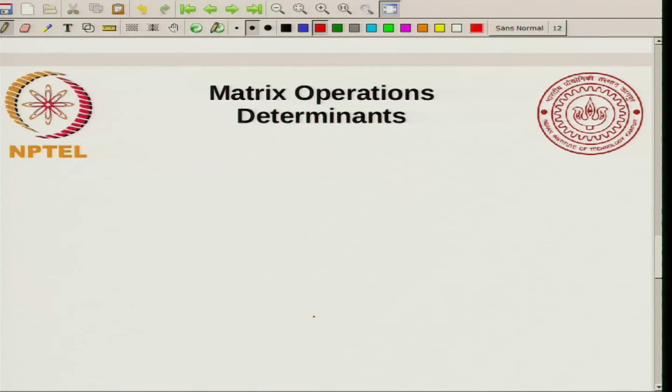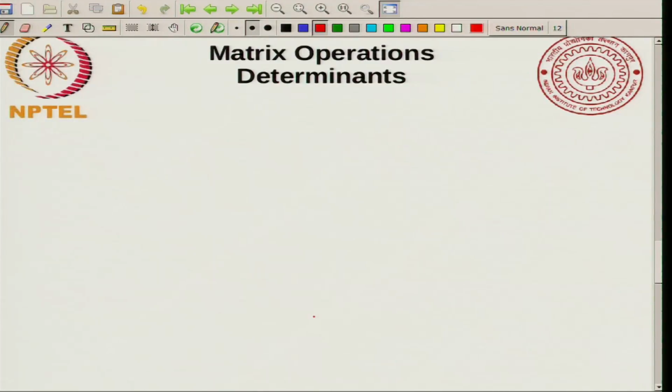There are some other useful operations or objects that are defined in relation to a matrix, and this is the determinant. Determinants are only defined for square matrices. So, if you have a matrix A which is an n by n matrix, then you can write the determinant of A in the following way.